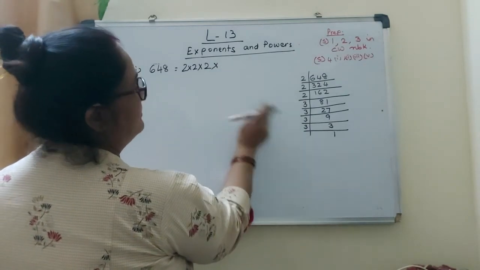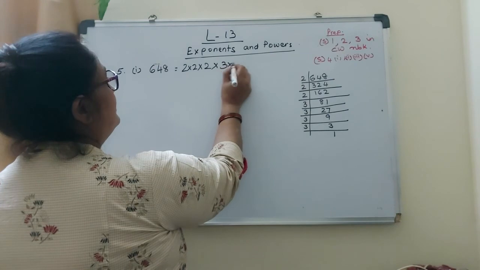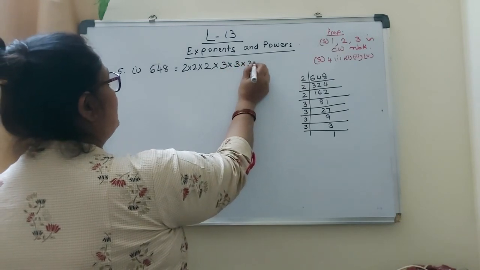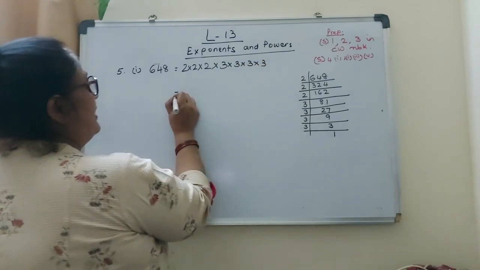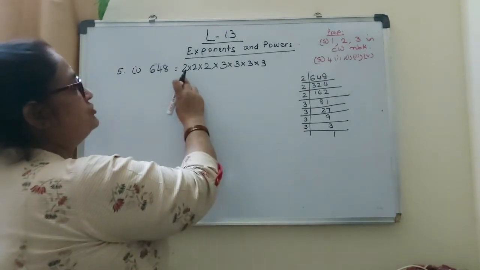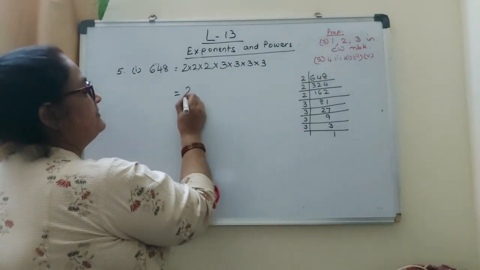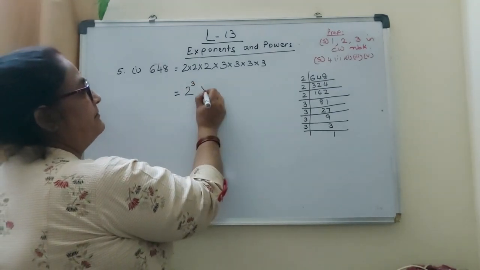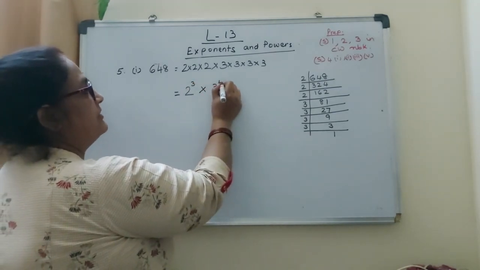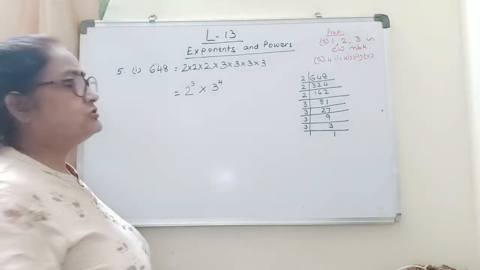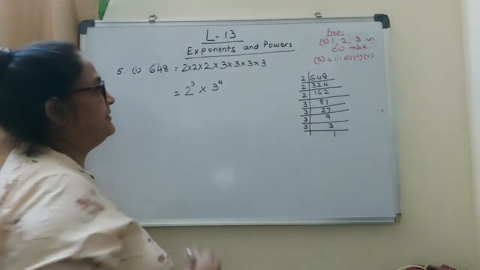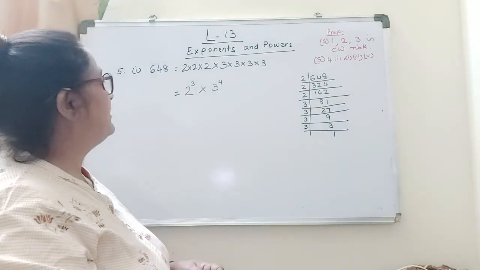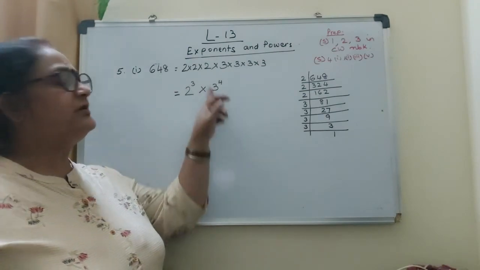And 3 is coming 4 times. 1, 2, 3, 4. So the answer here will be 2 multiplied by 2, 3 times, multiplied by 3 raised to the power of 4. So here your answer will be 2 raised to the power of 3 multiplied by 3 raised to the power of 4.